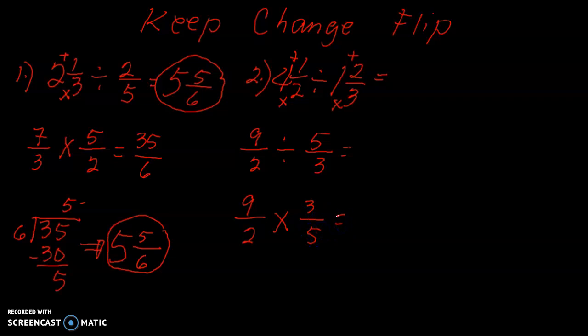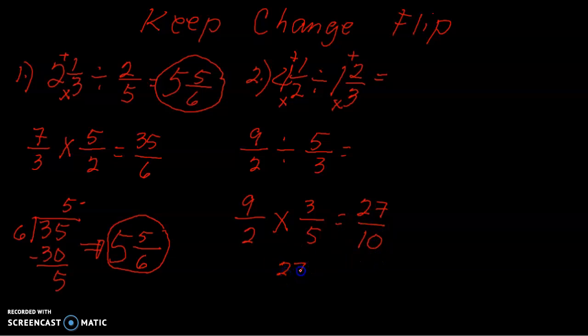So, proceed now to multiplication. 9 times 3 equals 27. Okay, very good. And then 2 times 5 equals 10. So, this is already an answer, but because this is an improper fraction, we can finalize this one by dividing the numerator by its denominator.